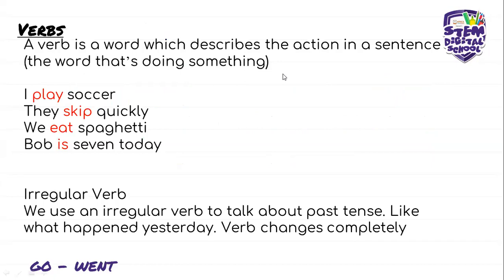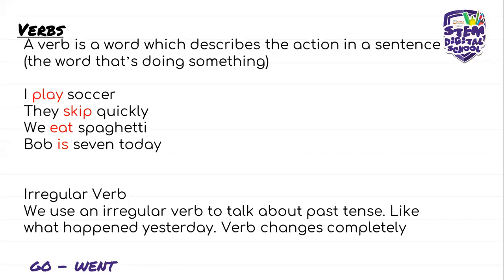Okay, nothing. The verb is the doing word. It's the action word. The verb is easy. Remember, irregular verbs are important. We use an irregular verb to talk about the past tense.